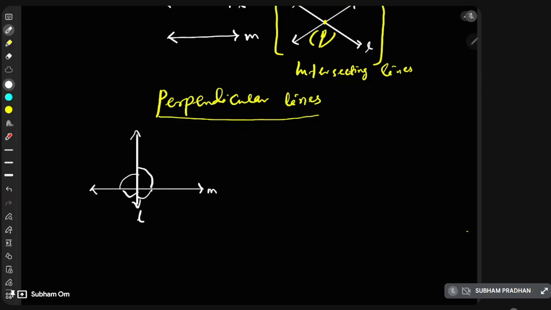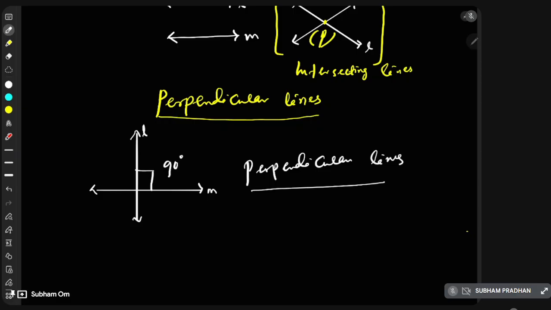We saw that when two lines intersect with each other, they form angles. But if the angle formed by the two lines is 90 degrees, then those two lines are called perpendicular lines.